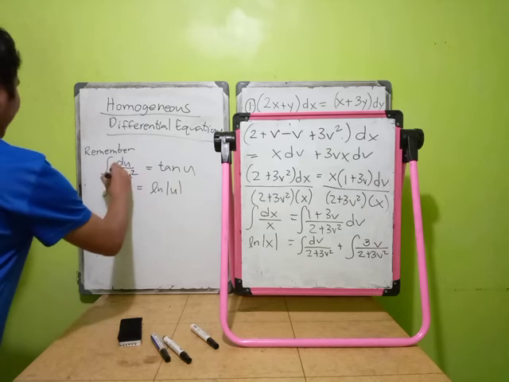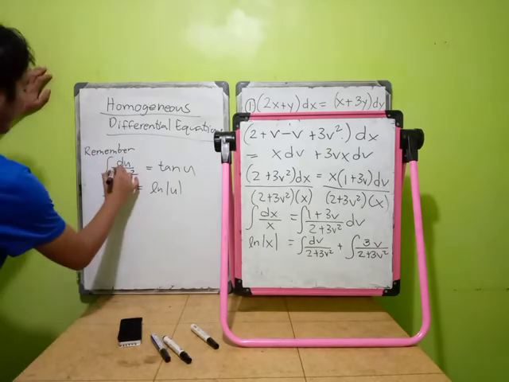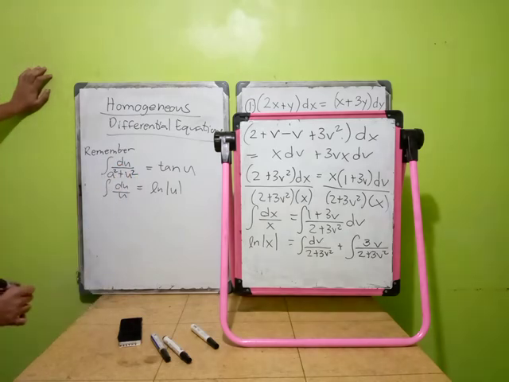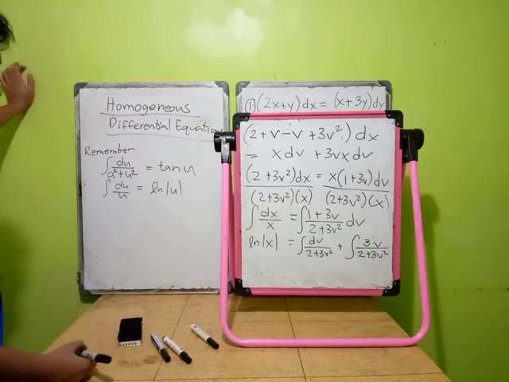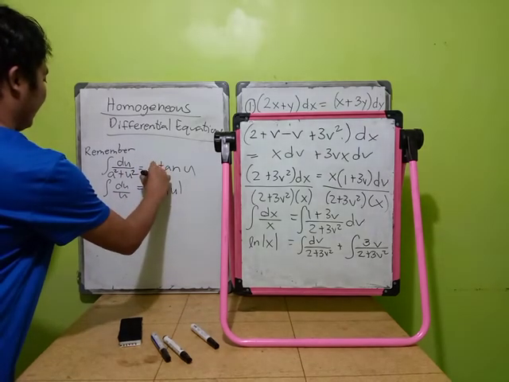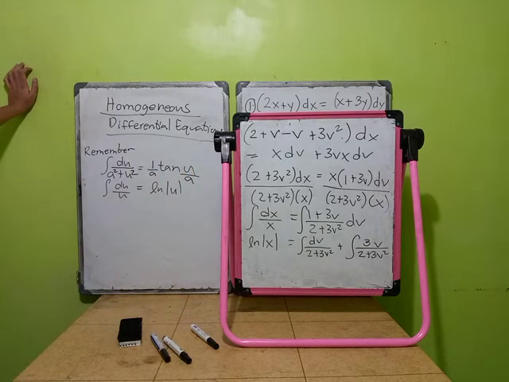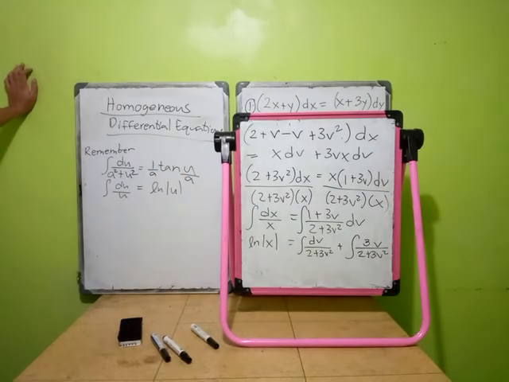Actually, dapat ganito ito, expanded version. Kapag A, yung form dito, magiging 1 over A tangent u over A.